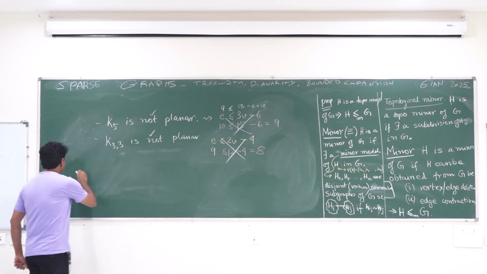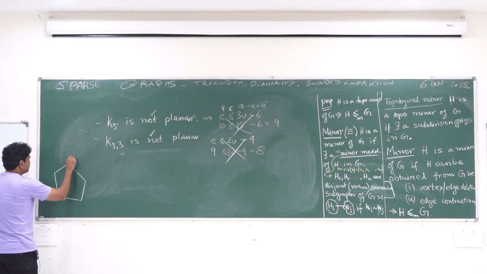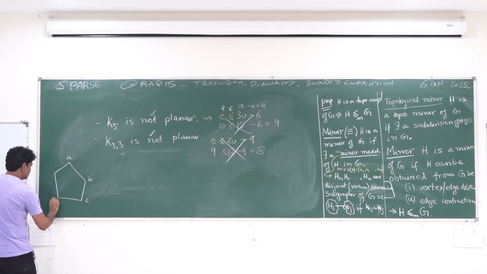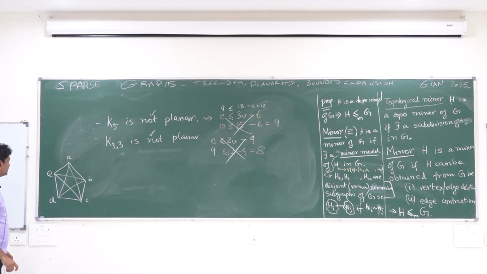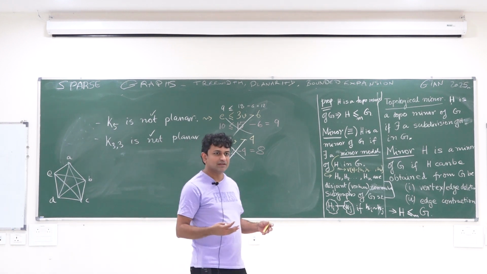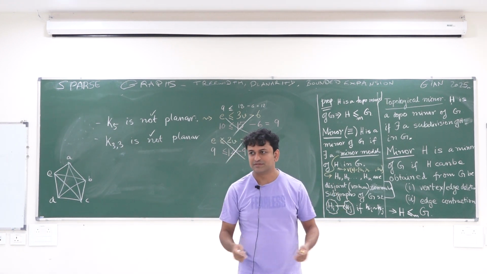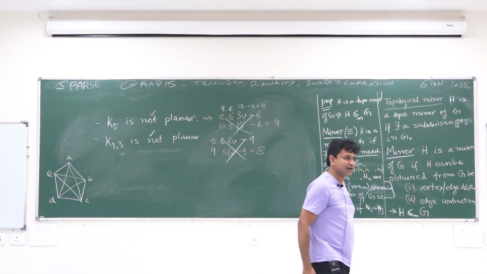So let's look at K5. A, B, C, D, E. A, B, C, D, E is a cycle. In any planar embedding, the cycle should be a simple closed curve. It cannot cross itself because of planarity.